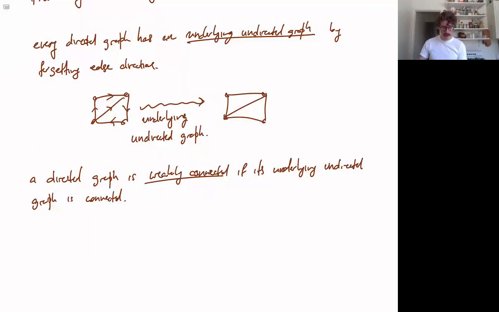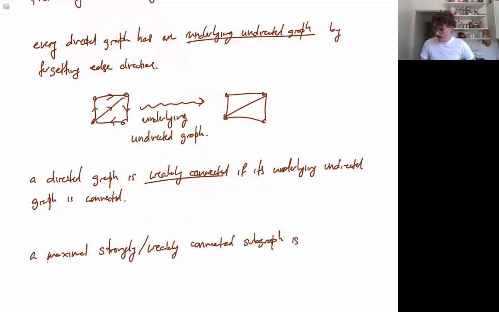Let's make our definitions of components as well. Again, it's basically the same, but let's write it down. A maximal strongly or weakly connected subgraph is called a strong or weak component.